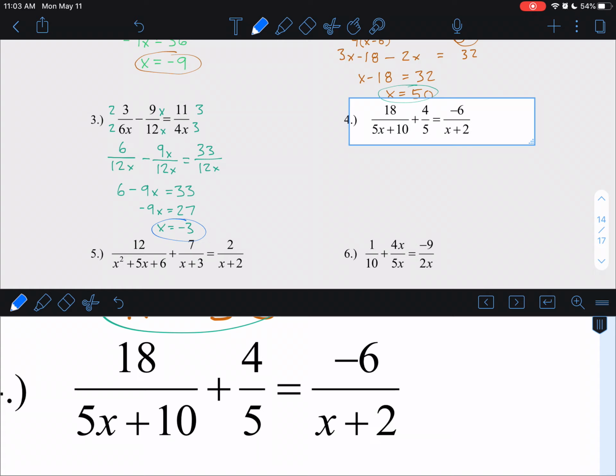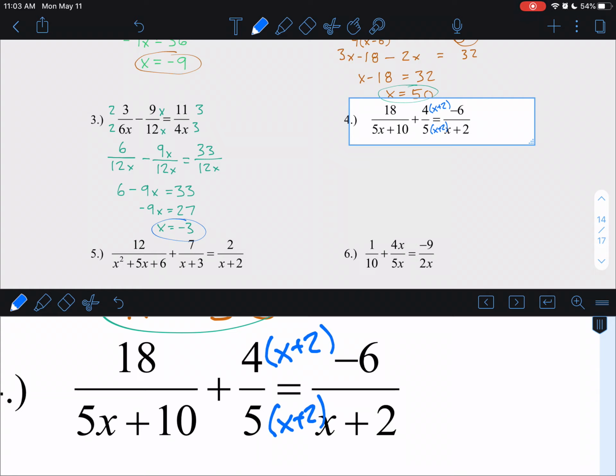So, yeah, let's just get into this one then. Let's see, I have 5x plus 10, and as I said, that one can turn into 5 times x plus 2. This 4 over 5, I need to get that to turn into 5 times x plus 2 as well. So I'm going to have to multiply it by x plus 2 over x plus 2.